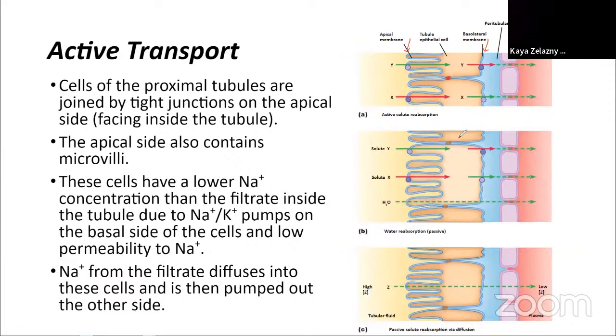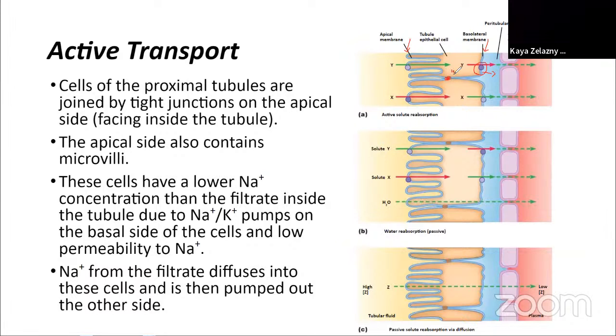Okay. What we would notice about the inside of these cells, right, we talked in our water section about the fact that we have sodium-potassium pumps. Basically, on the basolateral side, we have sodium-potassium pumps pumping sodium out and potassium in, which means that we have low sodium concentration in these cells so that they start to draw sodium out of the filtrate.